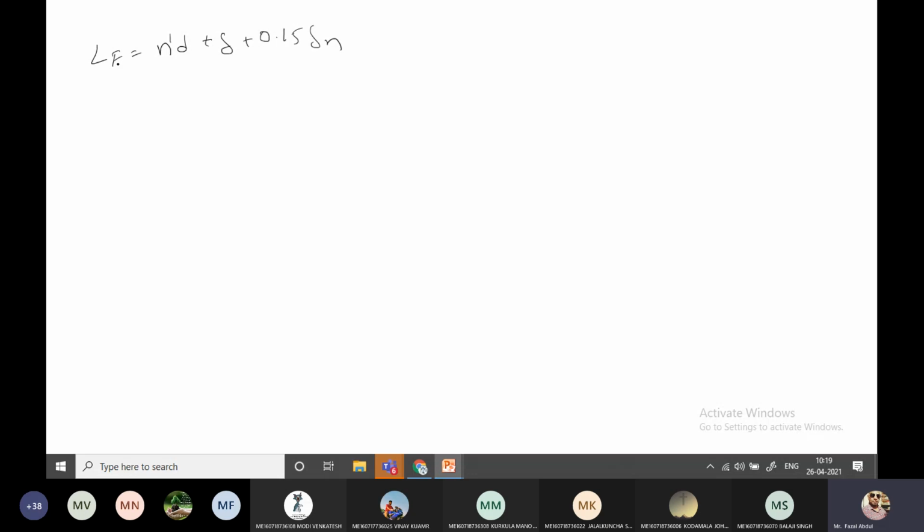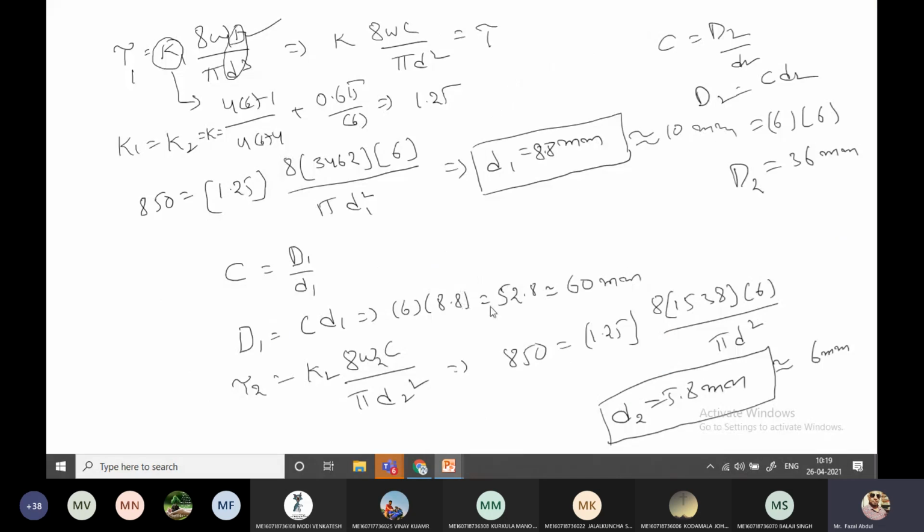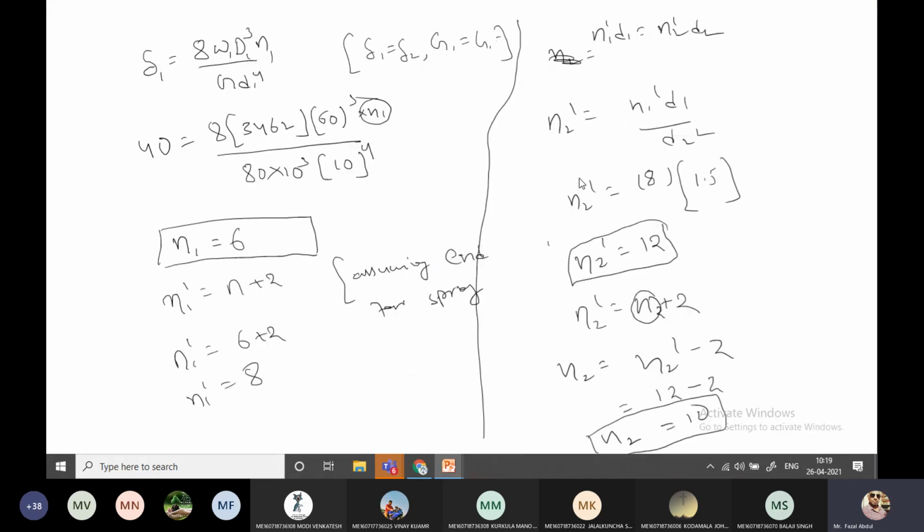Both springs have the same free length, that is the assumption, so here I am calculating for the first spring. N1 dash value we got is 8, and d1 value, how much did we get? 10.